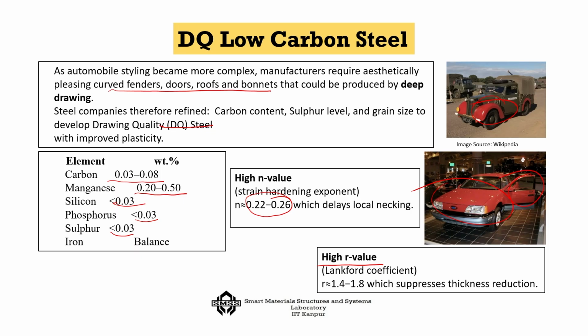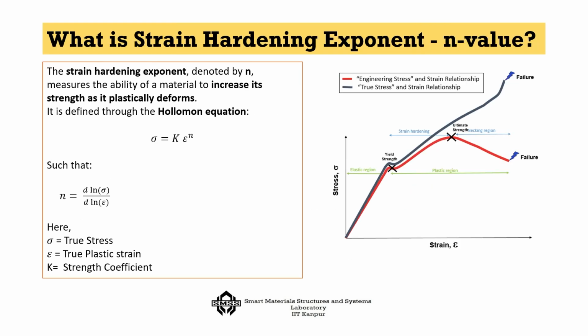Now, I want to talk a little bit about the N value and the R value. The N value is also known as the strain hardening exponent. The strain hardening exponent, which we denote by N, measures the ability of a material to increase its strength as it plastically deforms, because there is a region where the strength increases because of strain hardening.